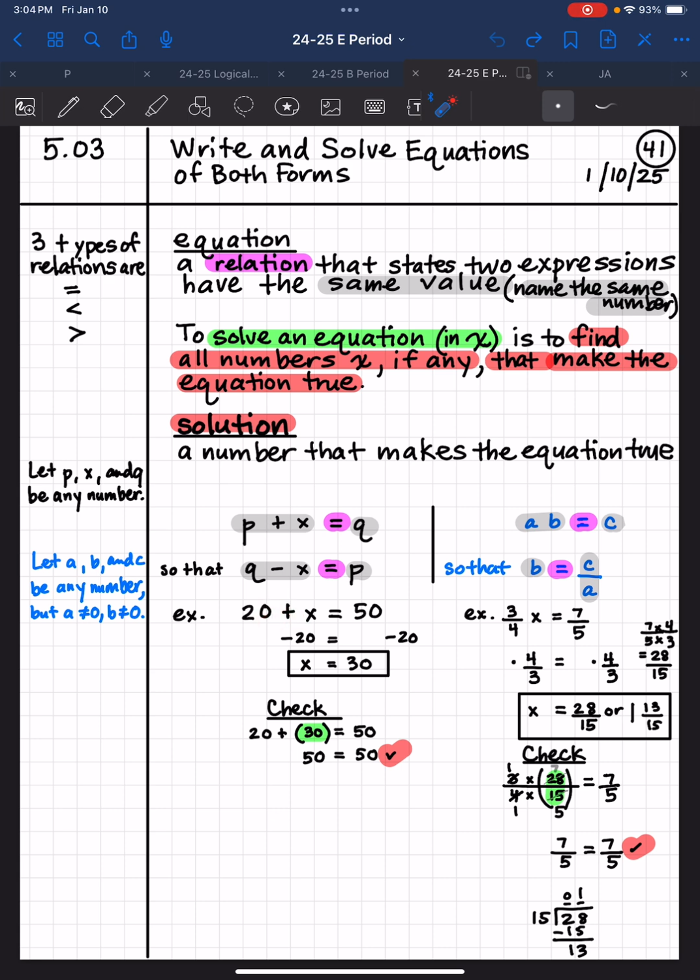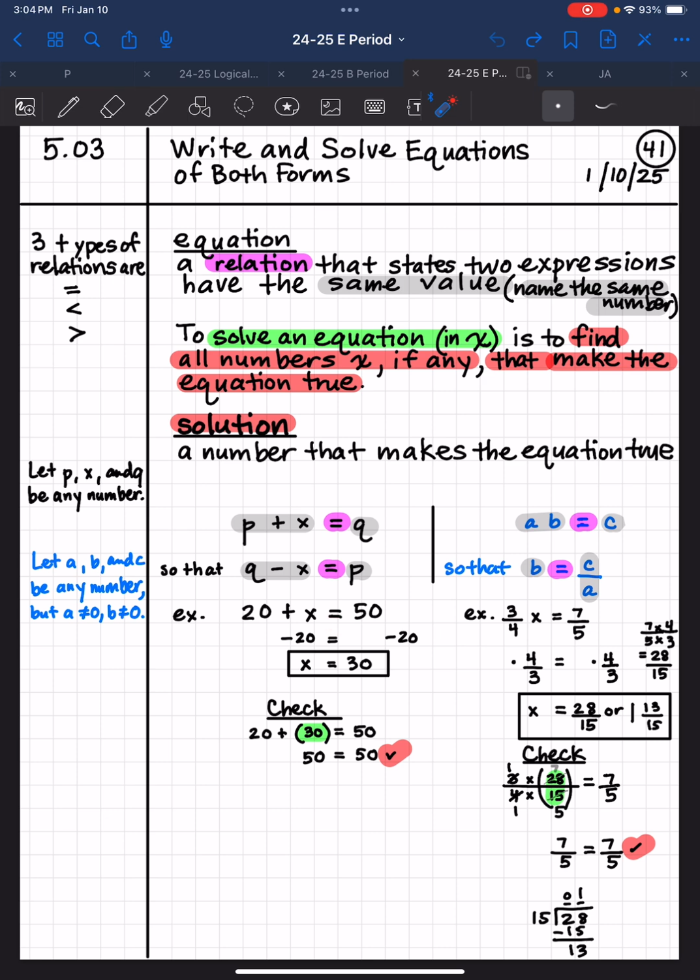So if I want to figure out what just x is, I'm going to subtract a 20 from this number right here. But because I know that both of these numbers are equal to each other, whatever operation I do to this number, I have to do to this number because they are the same number.